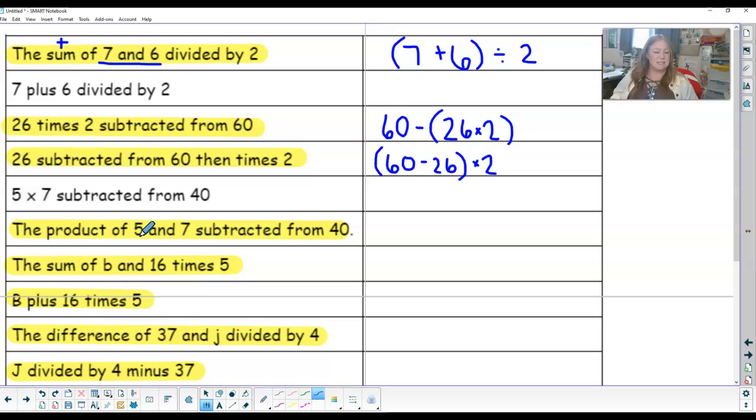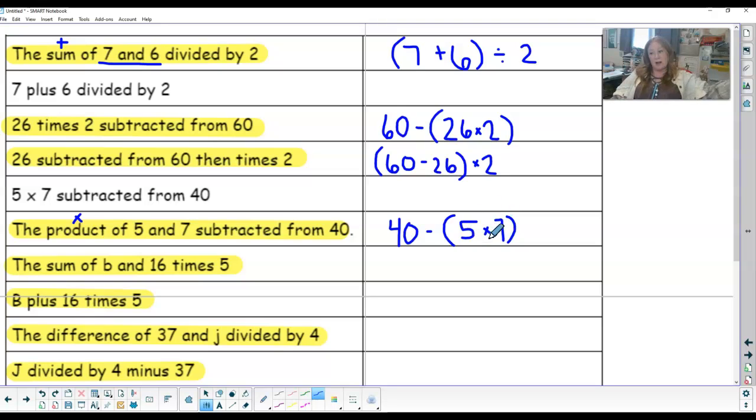Okay, this next one says the product of 5 and 7. Product means to multiply 5 and 7. So 5 times 7, that's an answer. Product is an answer, so we need that answer and take that away from 40. So we're going to take 40 and minus this, right?